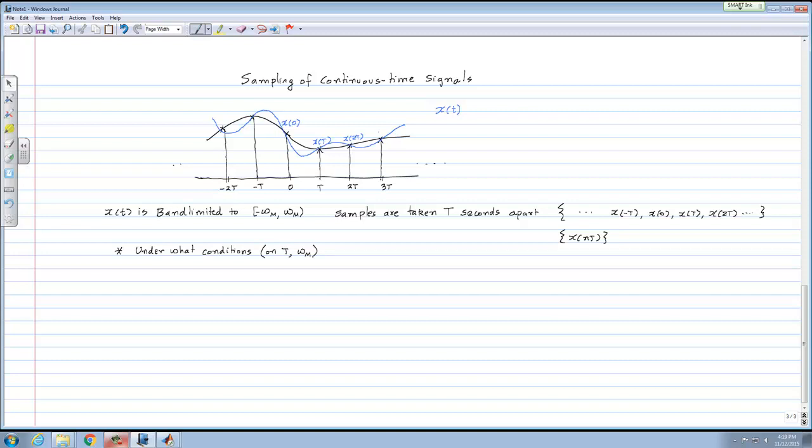What is the relationship between the sampling time T and the maximum frequency content of x of t, which is omega m, such that we can recover x of t from its samples? That's the first question.